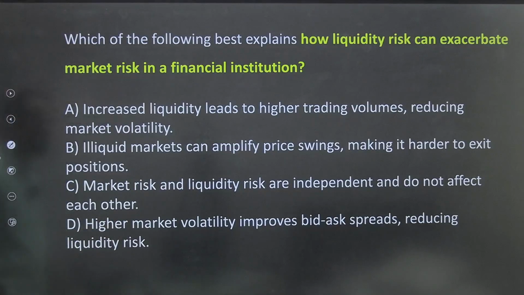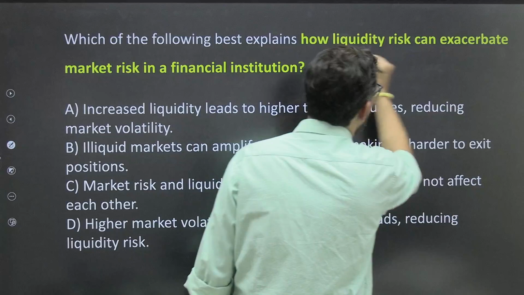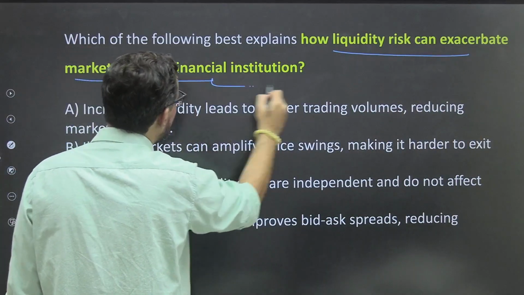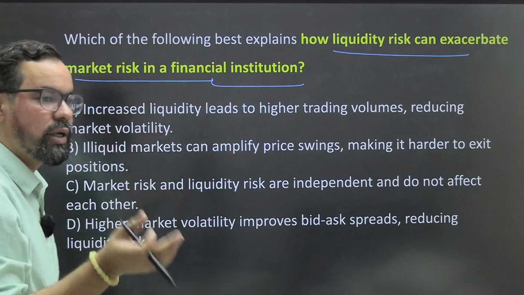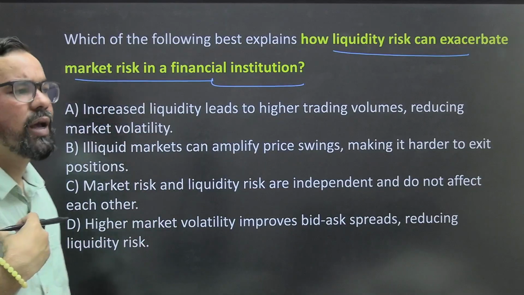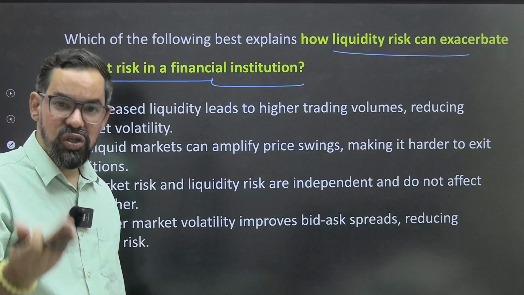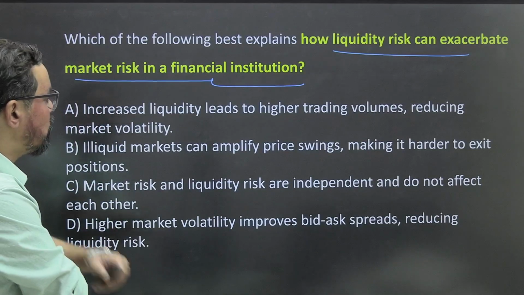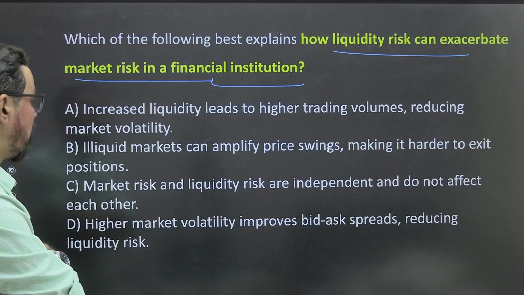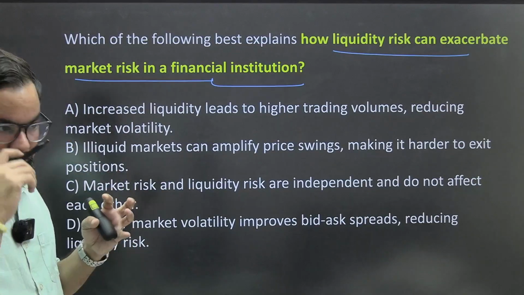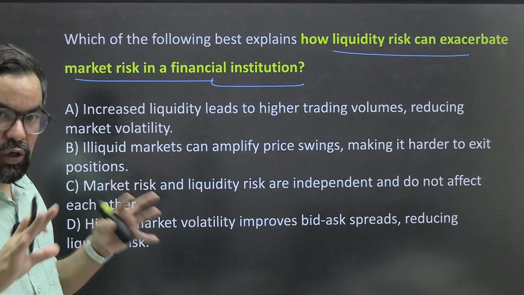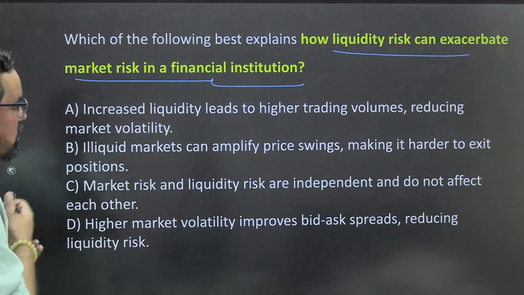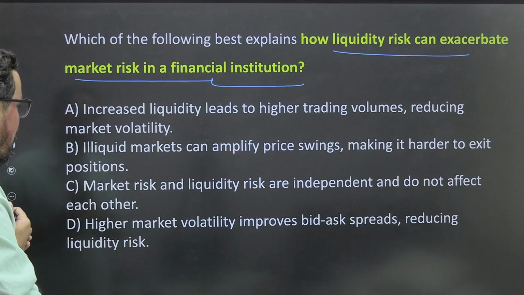Next one. Which of the following best explains how liquidity risk can exhibit market risk in a financial institution? Liquidity can lead to market risk, like when your position or portfolio becomes partially or fully illiquid. Increased liquidity leads to higher trading volumes, reducing market volatility.